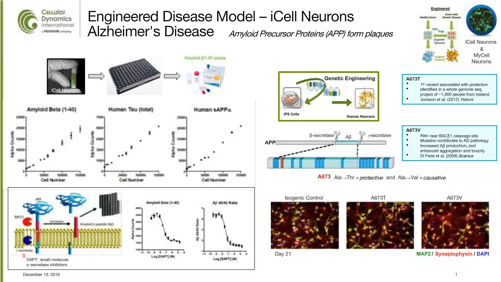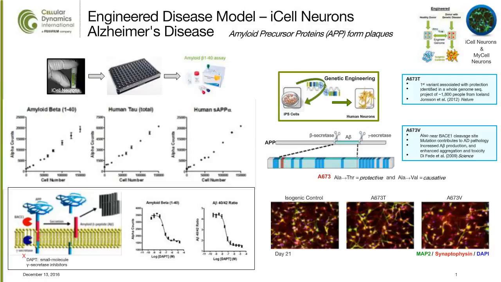We've generated multiple lines here at CDI that have interesting effects as far as Alzheimer's disease goes. Through research in 2012 in a Nature publication, there were 2 variants at the 673 location of the APP protein. Of the 2 different mutations, an alanine to a threonine can be protective, or conversely, the A673V is causative.